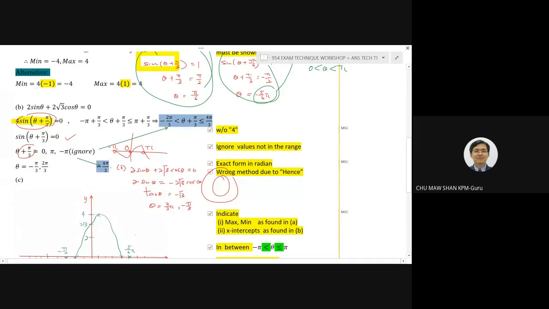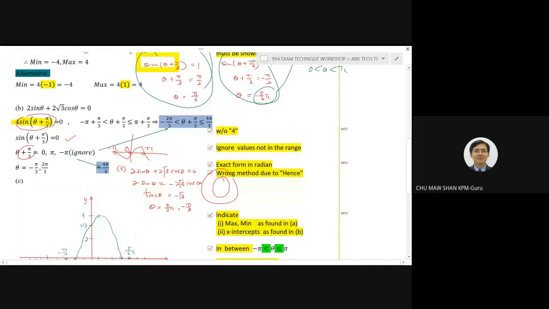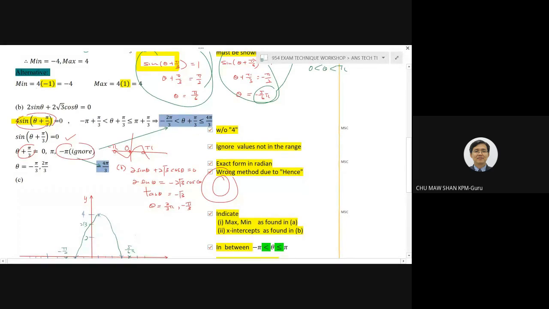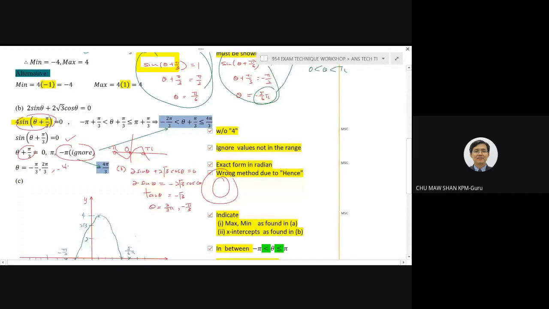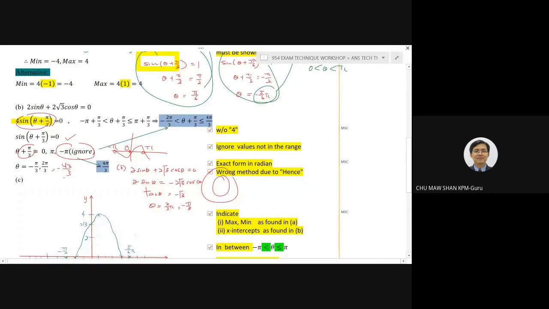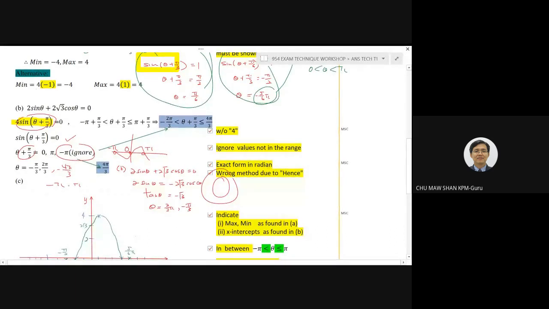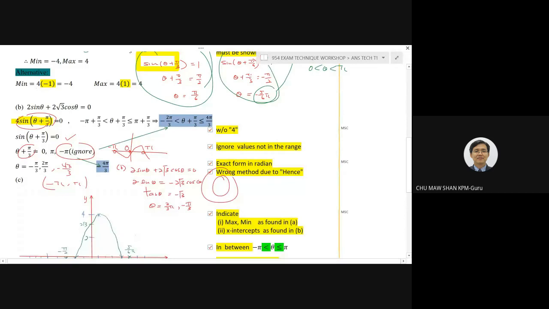So we have to ignore this one. Oh sorry, this one is wrong, because the required angle must fall between negative pi and pi, right? It must be within here. Okay? So you always have to be alert and careful. Everything must be checked whether my answer falls within the range required. Okay, any question?